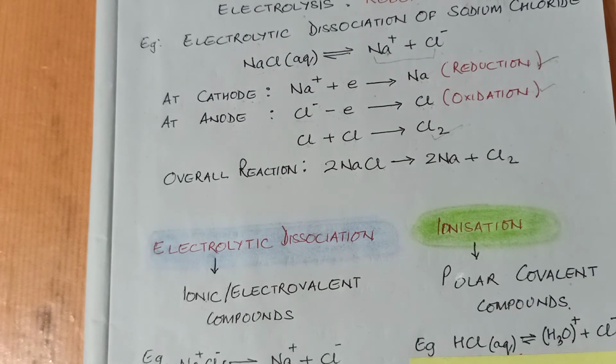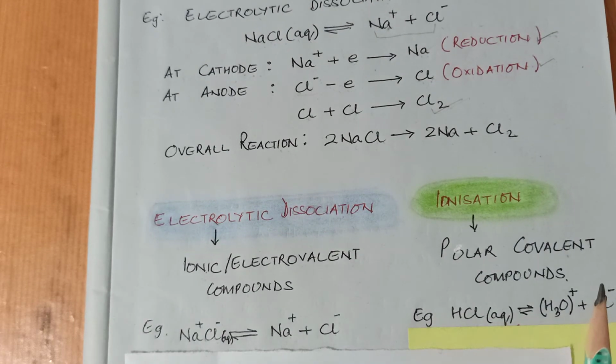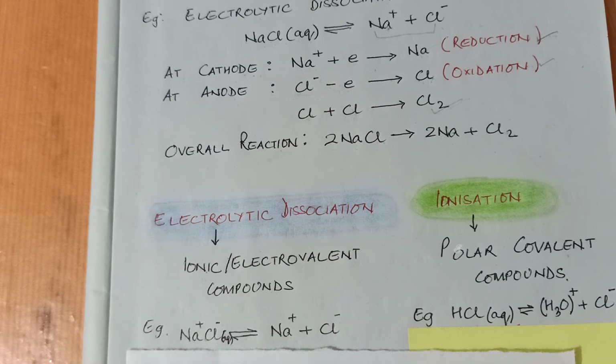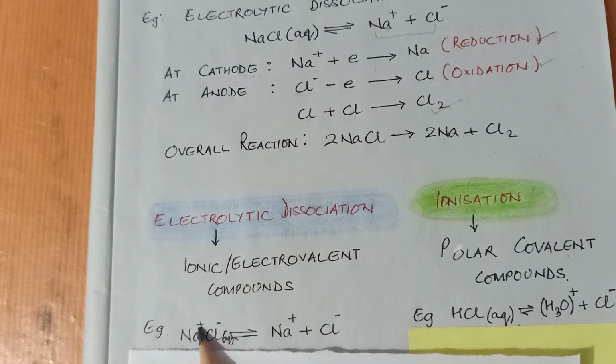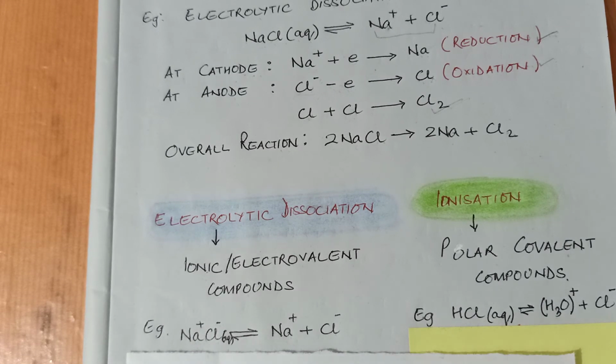For example, sodium chloride. We all know it is an ionic compound because it is made up of sodium ion and chloride ion. Now when they are dissolved in water, what happens? The water molecule breaks the ions which were earlier strongly held to each other.